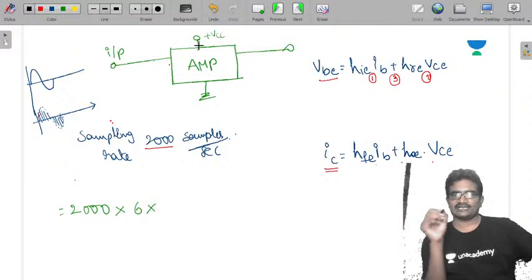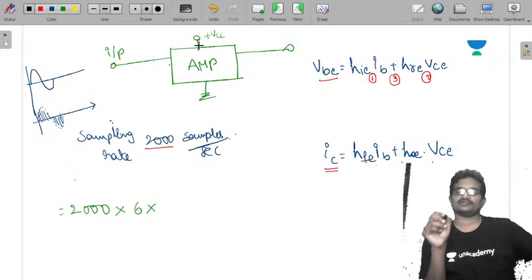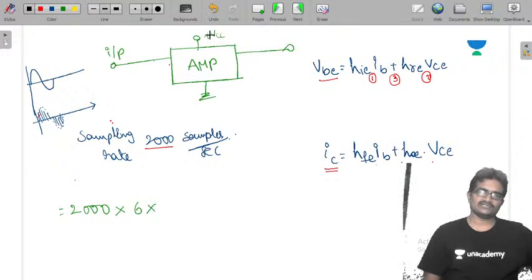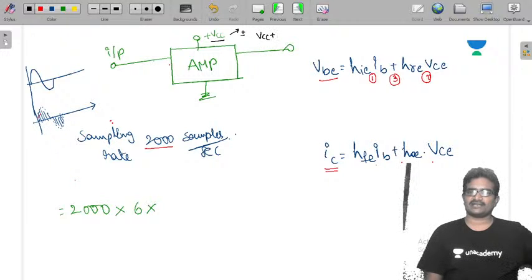You can't give any guarantee it is exactly 12 volts, 12.0001 or 11.999 something. So it is going to take different corners of supply voltage. That means VCC plus a small value, minus a small value. That means for VCC it will calculate, for VCC plus it will calculate, for VCC minus also it will calculate. So let us take 3 calculations. For each sample it has to perform like this.